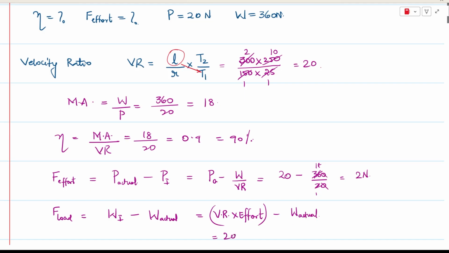So velocity ratio is 20 into the effort that has been imposed, which is also 20, minus 360. So this is equal to 400 minus 360, which is 40 newtons.